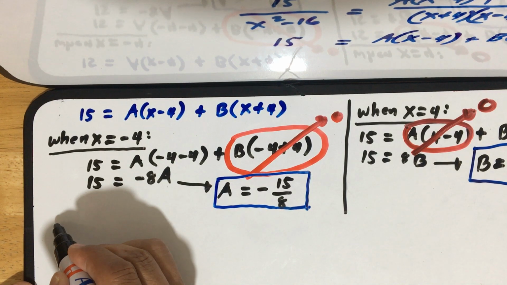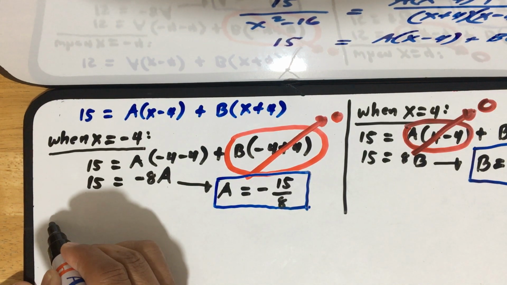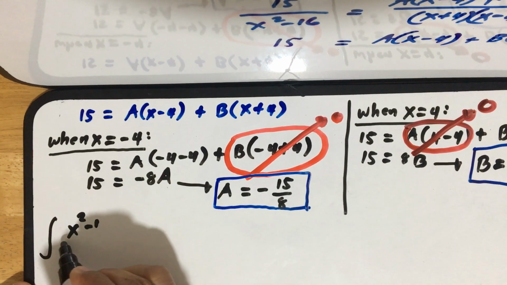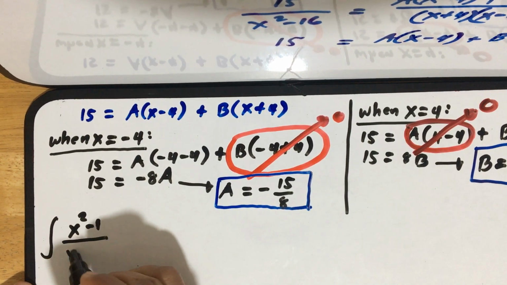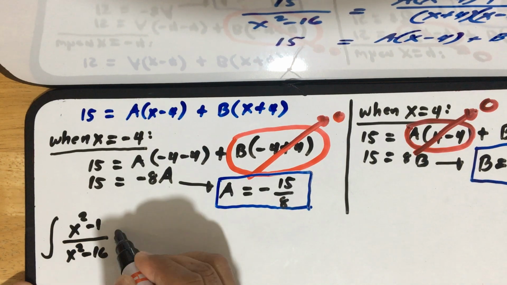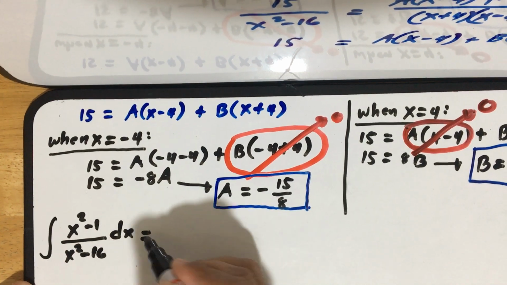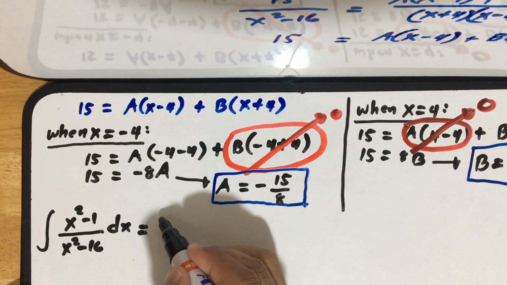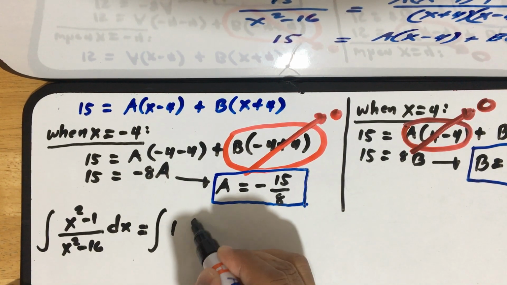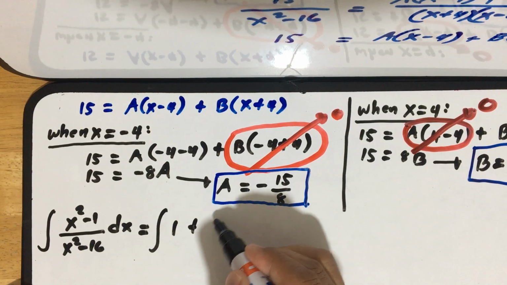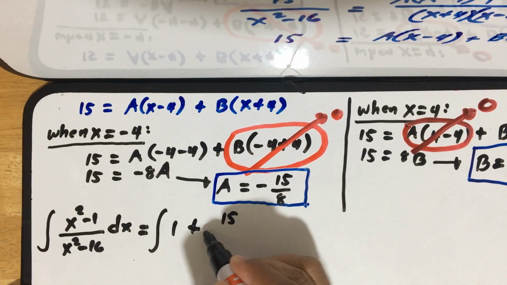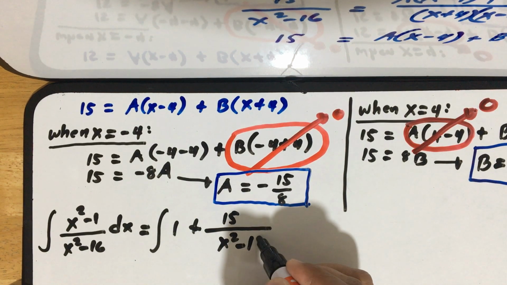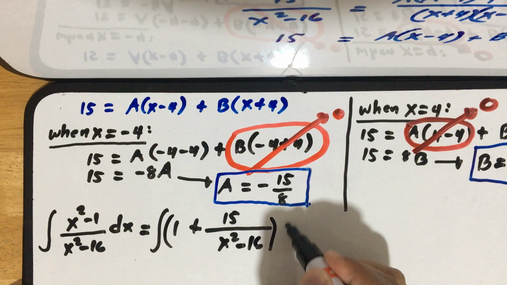We are given initially the integral of (x squared minus 1) divided by (x squared minus 16) times dx, which after our polynomial division, we got the integral of 1 plus 15 divided by (x squared minus 16), and the whole thing is multiplied by dx.